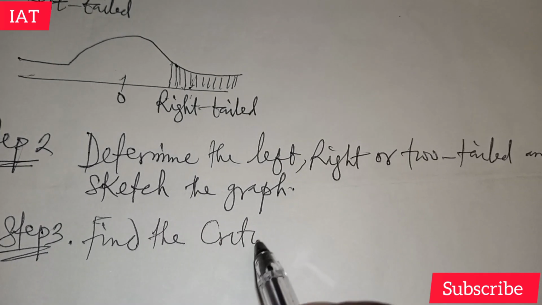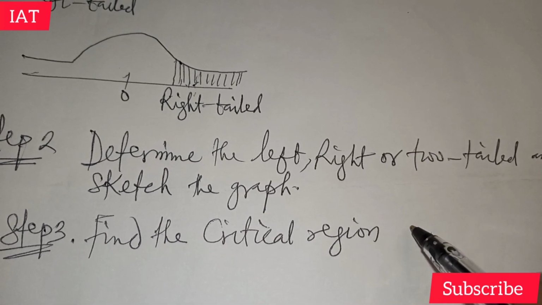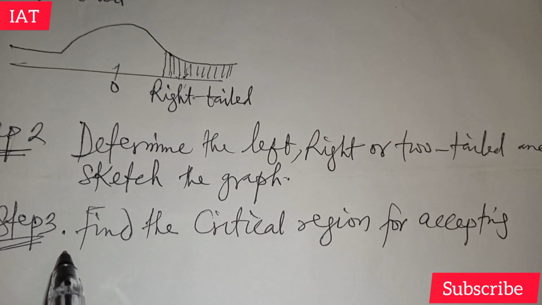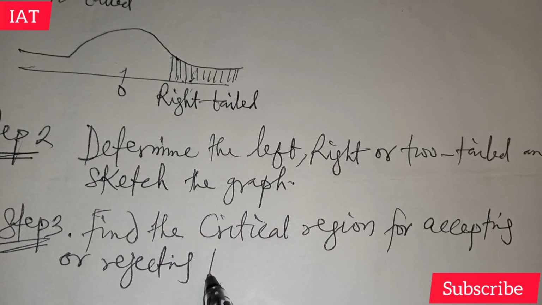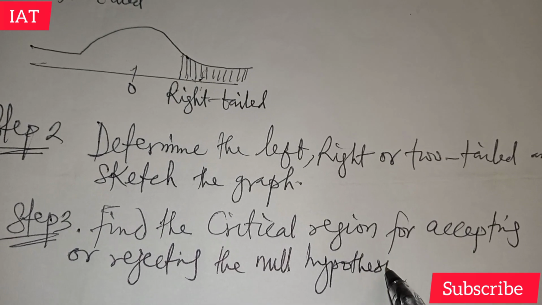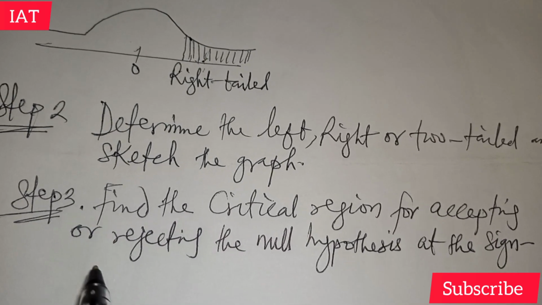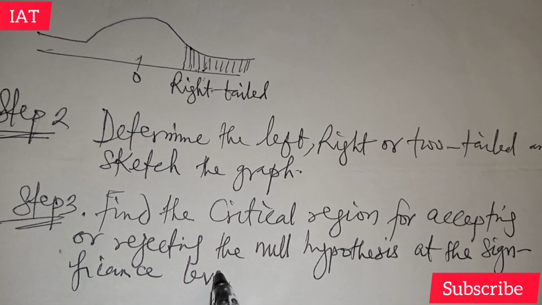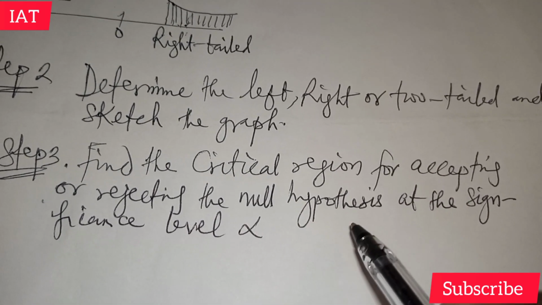You find the critical region for accepting or rejecting the null hypothesis at the significance level. And after you would have done this, make sure you label on the graph.